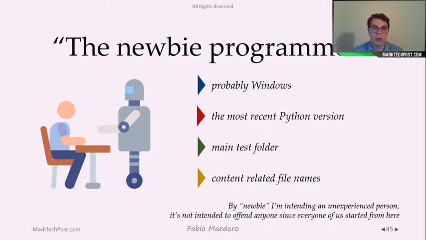He will probably develop his first programs in a main test folder, and that's it. And probably for versioning, the file names will just be content related. Very simple stuff and easy to use.